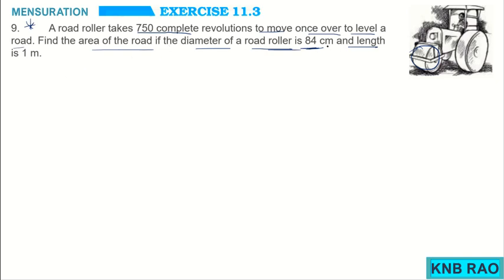See, 84 centimeter is the diameter, therefore radius is 42 centimeter, and length is one way of saying height. If it is horizontally kept, length; if it is vertically taken, height. Height is 100 centimeter. As it is given in meter, I converted it into centimeter.